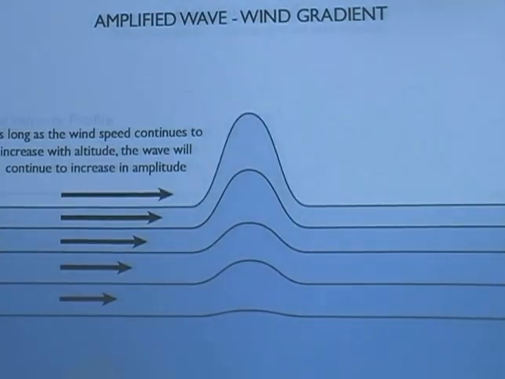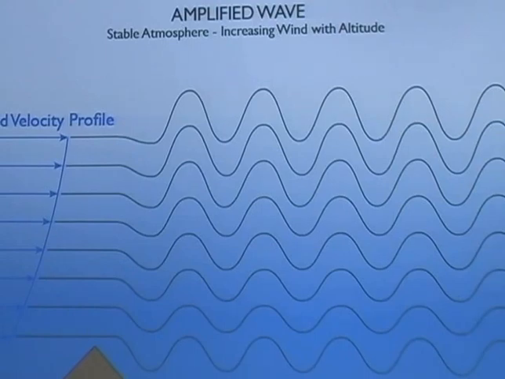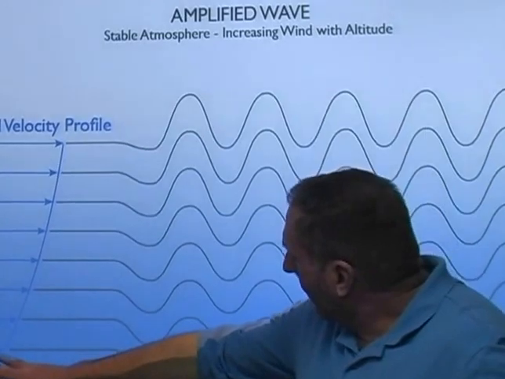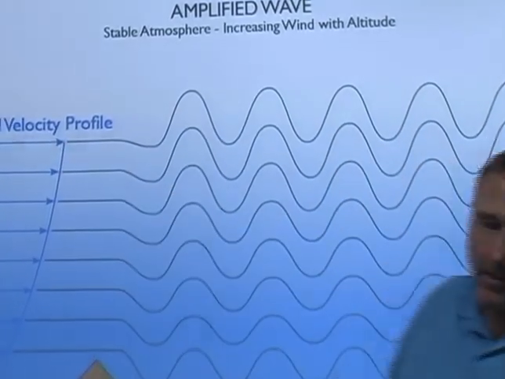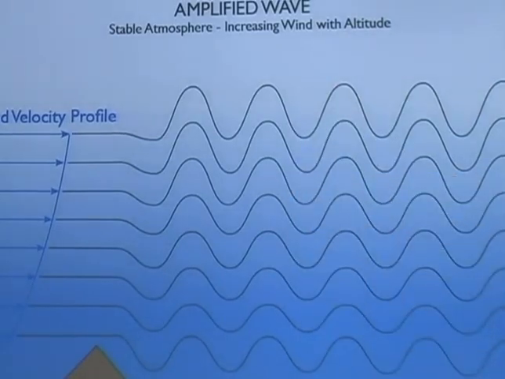Okay. So that's what we need for wave. We need stable air so that it doesn't just keep going up like it's going to be doing today. Instead, we want stable air, and then we have to have an increasing velocity with altitude. And that will get the wave to amplify as it goes up and goes downstream. So those are the basic conditions. You need that amplification.